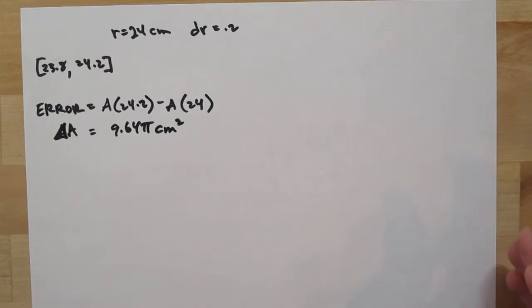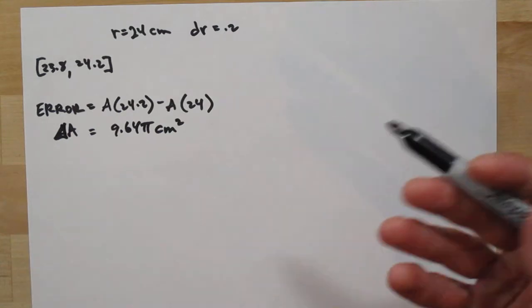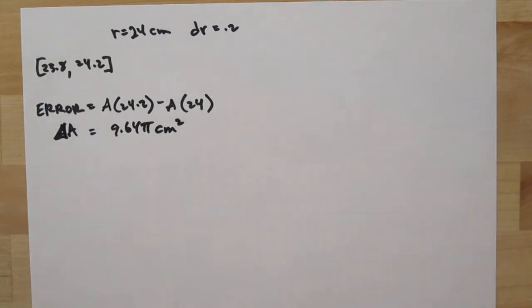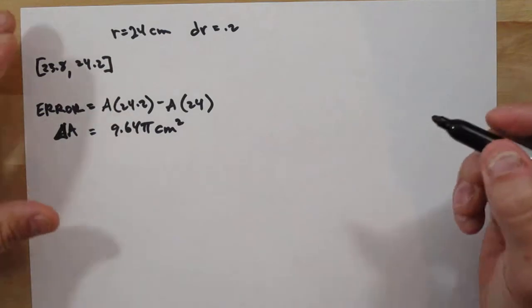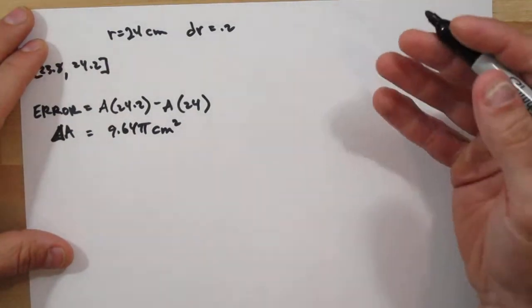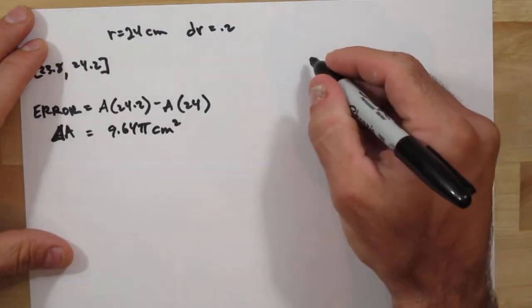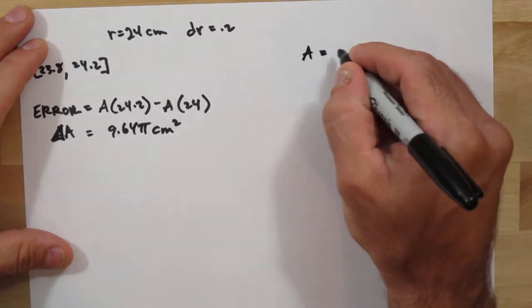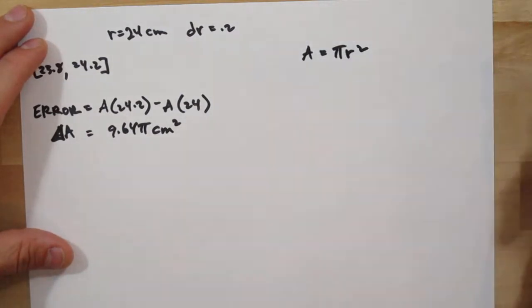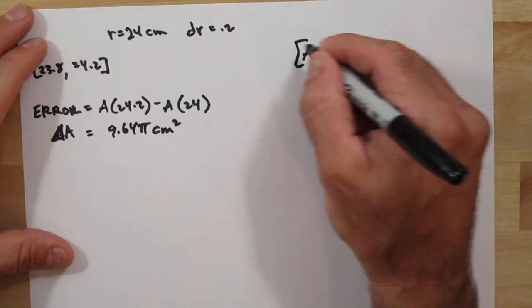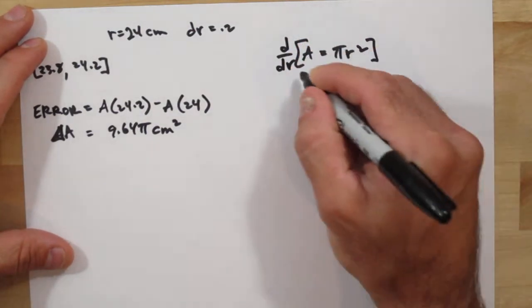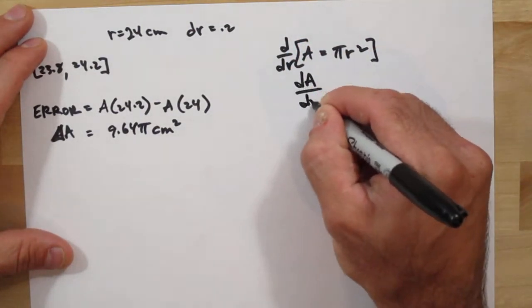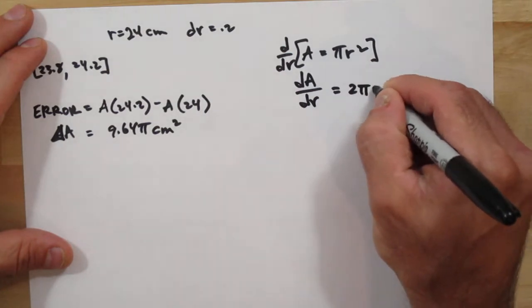But the problem actually asks us to use differentials to estimate the max error. If it didn't say use differentials, that's an absolutely fine way to work it, but we want you to have a little more calculus mind around this. So I'm going to take the area of a circle, A equals pi r squared, and take its derivative with respect to r, which gives dA over dr equal to 2 pi r.